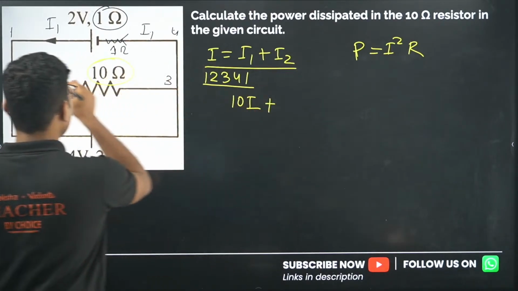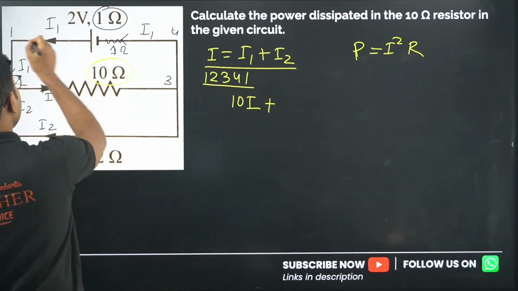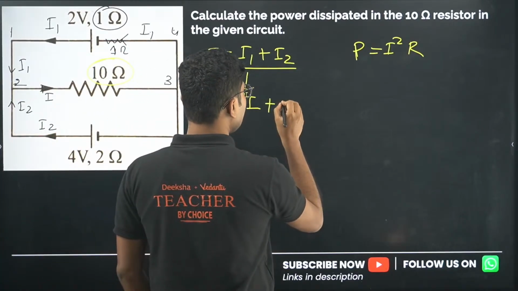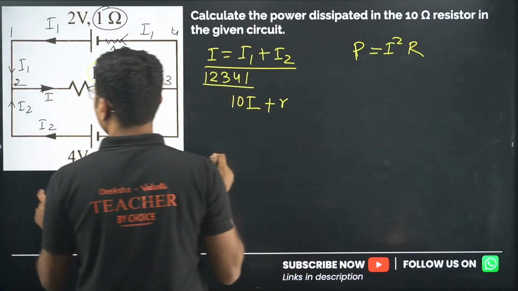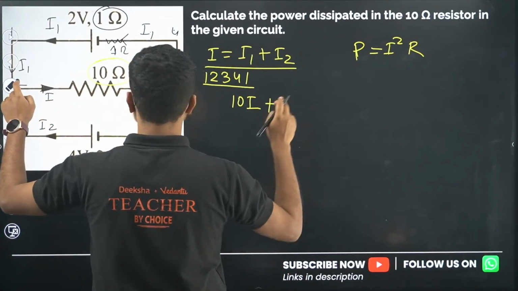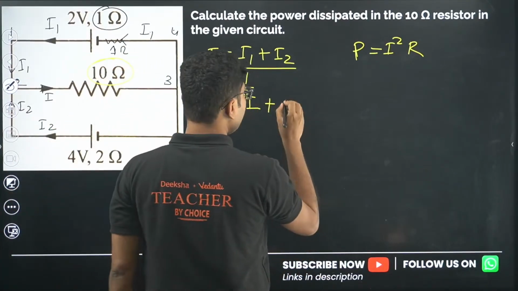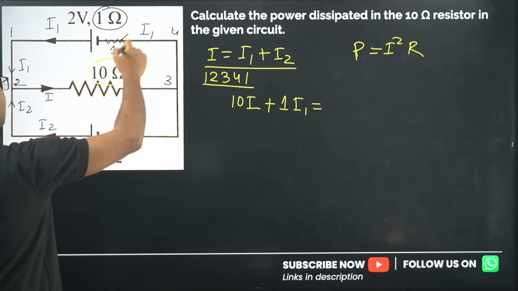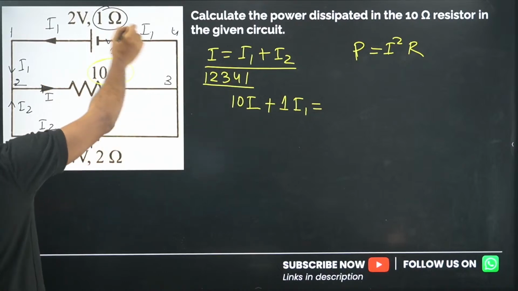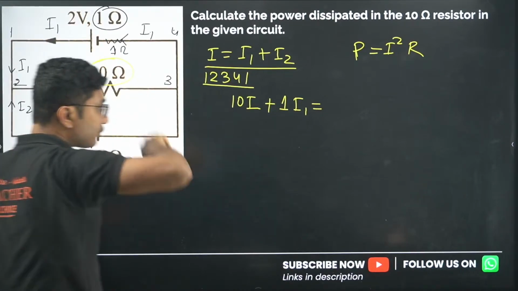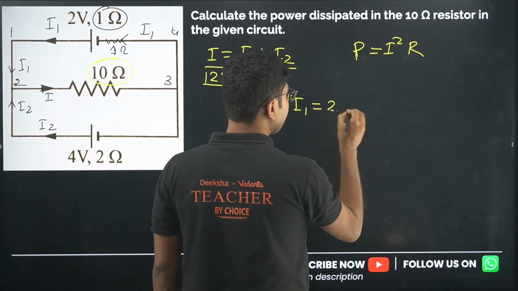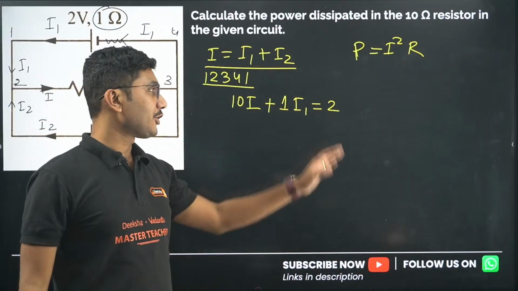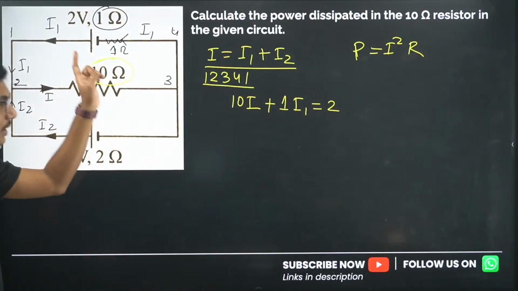plus, whenever we start from here, we are going in the direction of current, no deviation here. That means it will be plus 1 into I1. Resistance is 1, so 1 into I1 must be equal to the EMF of the battery, because we are going in the direction of the battery where the battery is trying to send the current. So if you are going in that direction, then on the right hand side of your equation you should use the positive of the EMF.